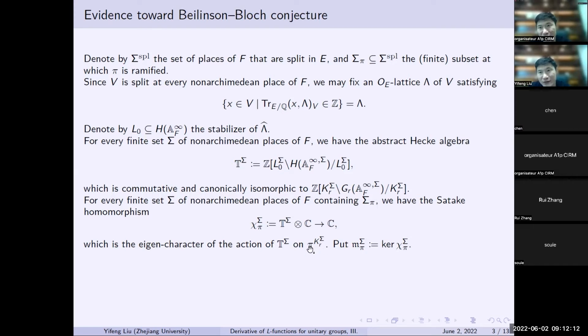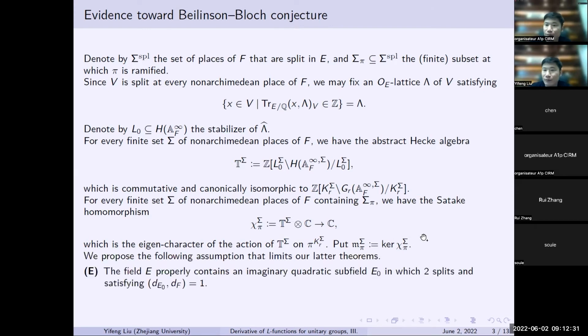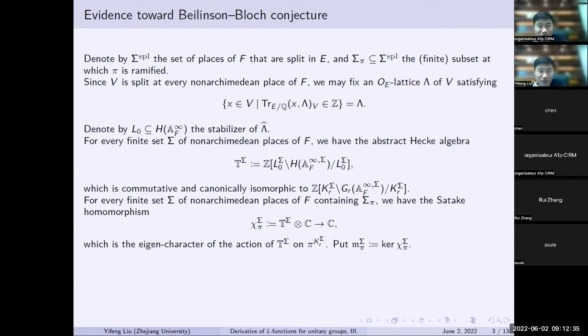There's only one eigencharacter, and that character is chi pi sigma. And we also denote by m pi sigma the maximal ideal of this complex commutative algebra.